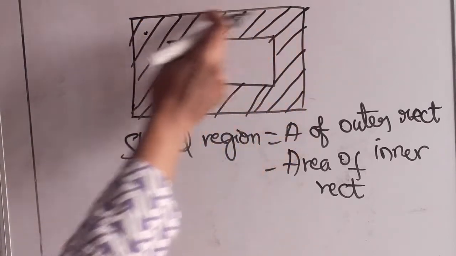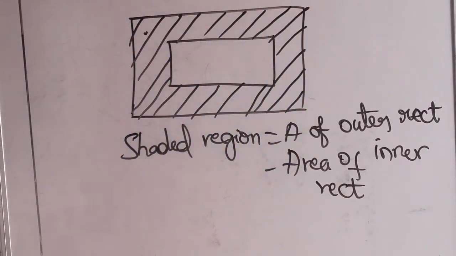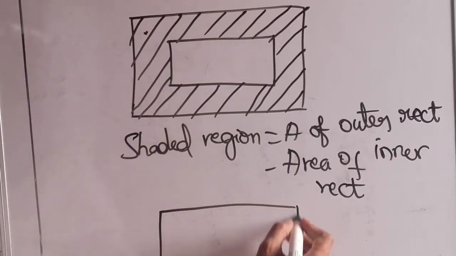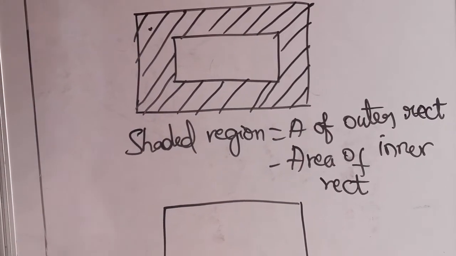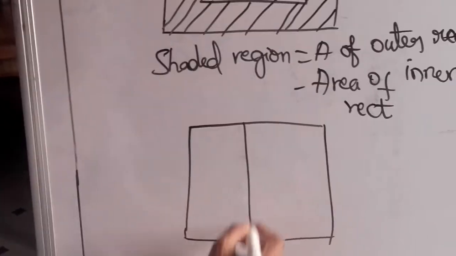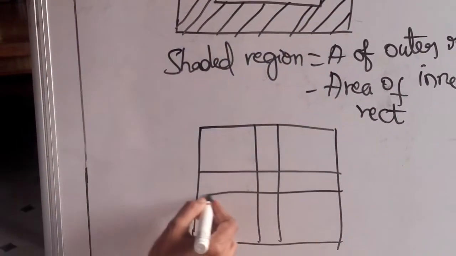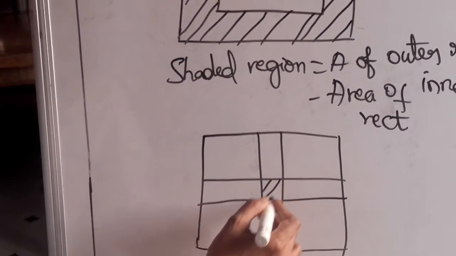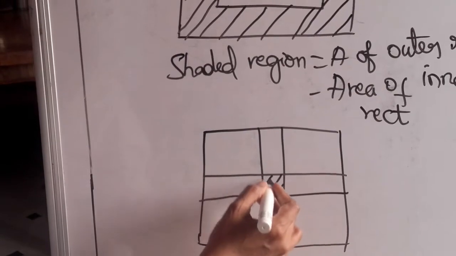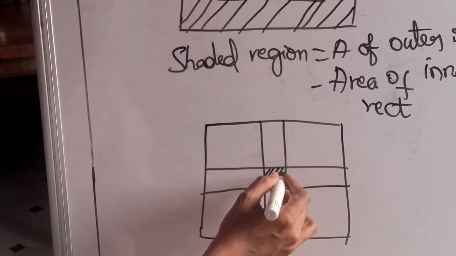Understood this? Okay. Now some problems will be given like this, where a square is there and a path is there in the middle, and this region you have to find out.